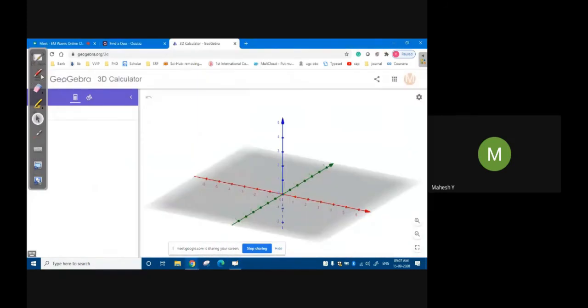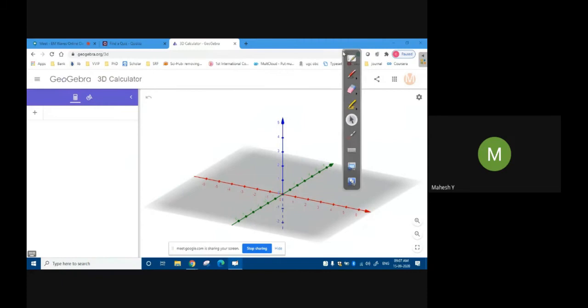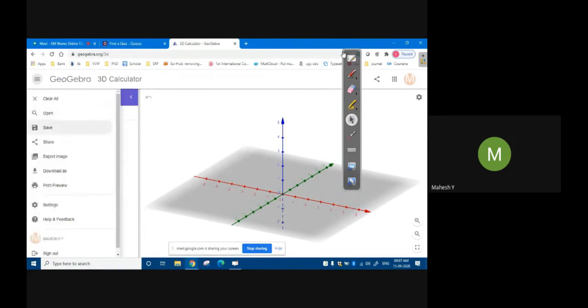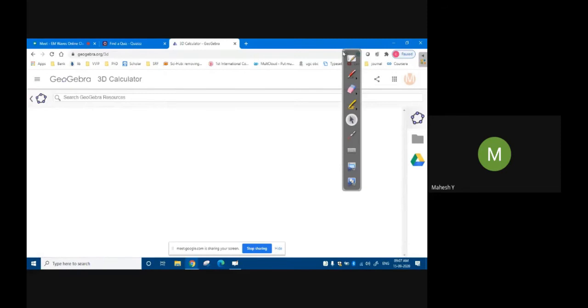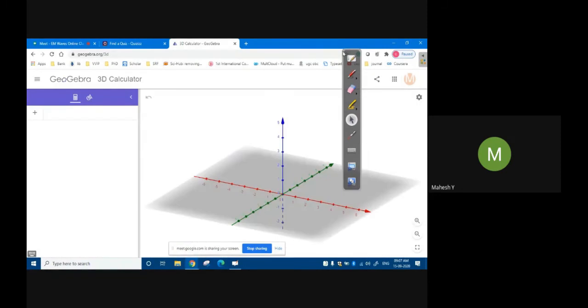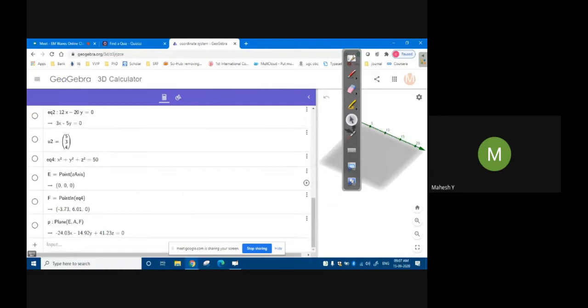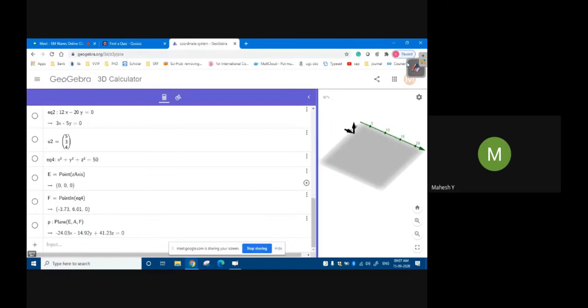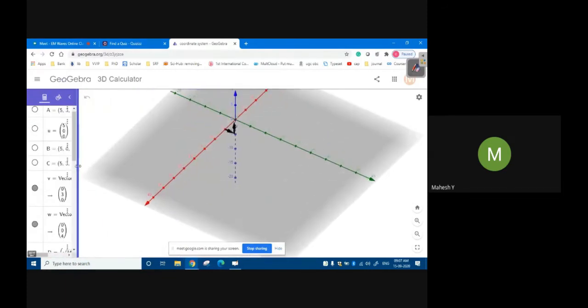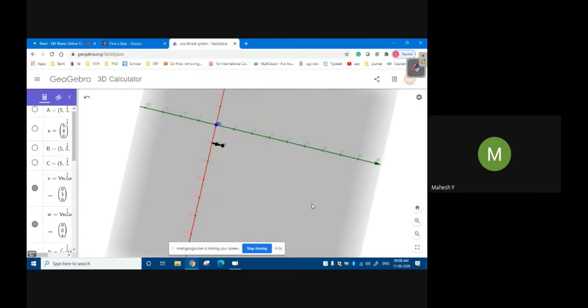GeoGebra. So here you can see, we have to reach a point A, right?